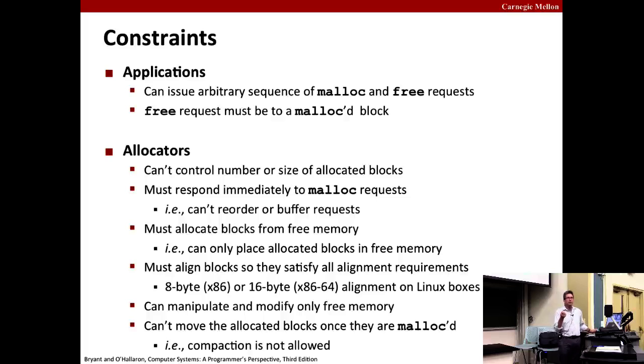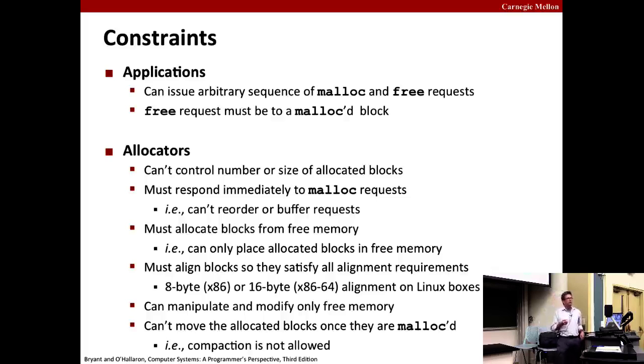Now this has a number of implications. This means that the allocator can't move blocks around. It can't compress blocks. An allocator might want to take allocated blocks and smush them all together to create larger free blocks, but it can't do that. Once, in a language like C, an allocator gives a block to an application, it can't touch it.